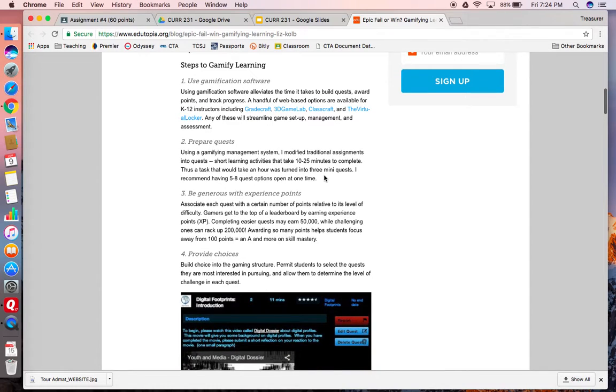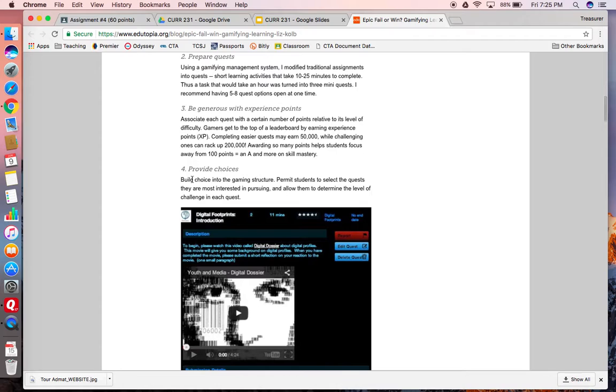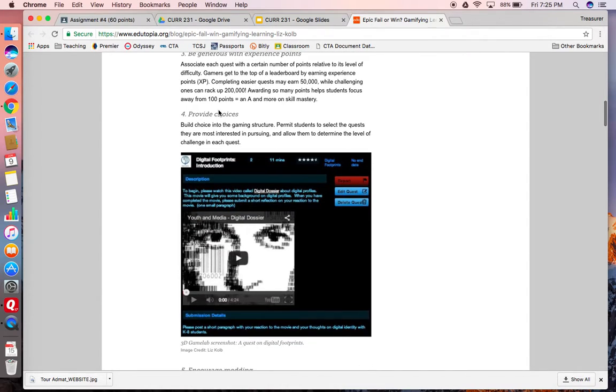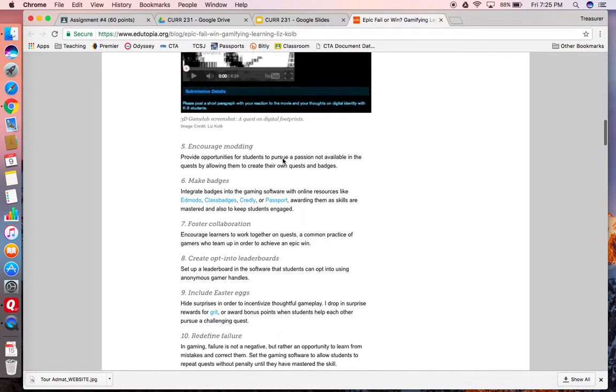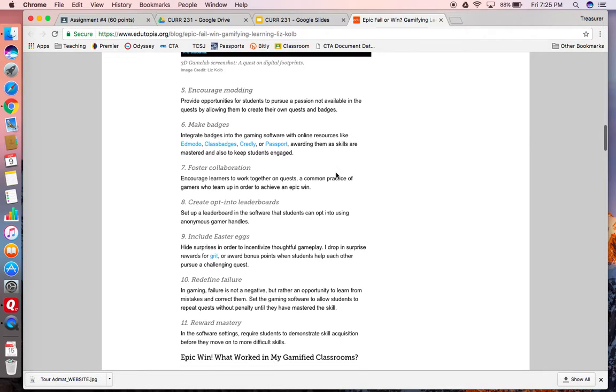The quests she set up are her little assignments, short learning activities that she can send the kids on, and they can gather points based on how well they do. The kids are given a lot of choices. You can make badges, because everybody wants a badge and to level up, like with Fitbits. Everybody wants that million-step badge or whatever.